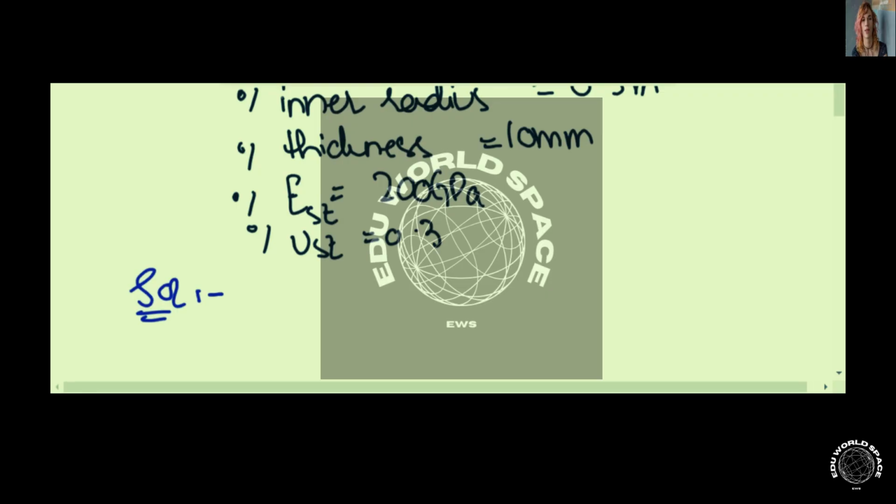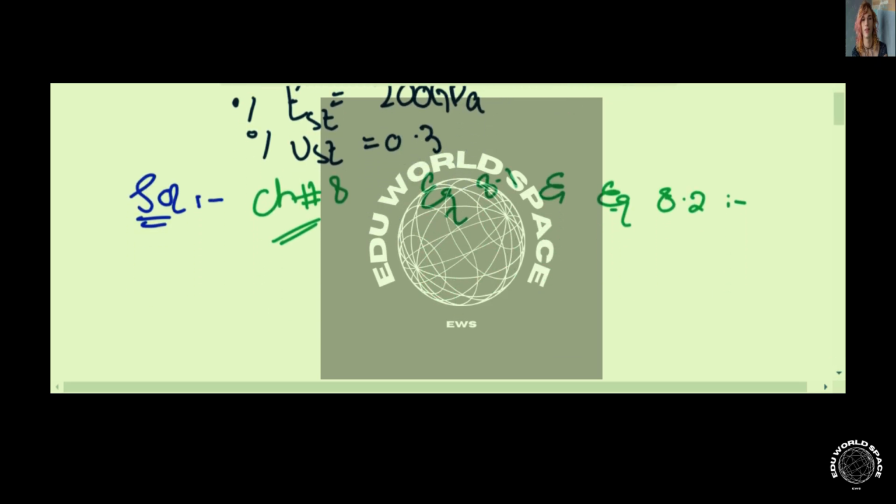And therefore we can use chapter number 8, because it deals with thin walled vessels theory. Now, what we are going to do over here is use equation 8.1 and equation 8.2, right?